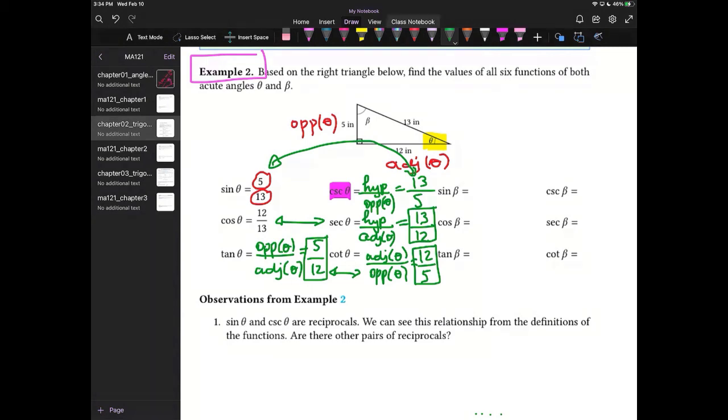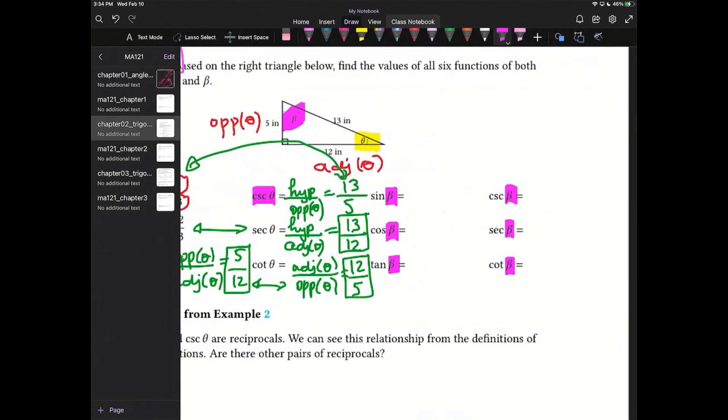All right, guys. The next one is about angle beta. Angle beta is this, and we're going to find all 6 trigonometric functions for angle beta. We start with sine, which is opposite over hypotenuse.